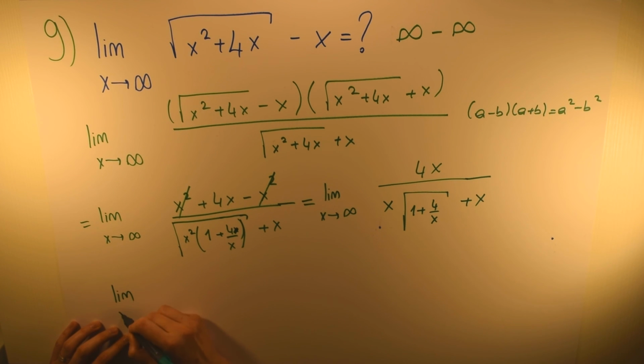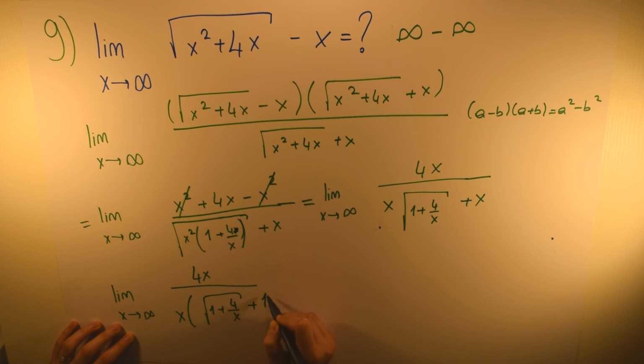And this is equal to limit as x approaches infinity of 4x over, when I take out x in parentheses, square root of 1 plus 4 over x plus 1, right?